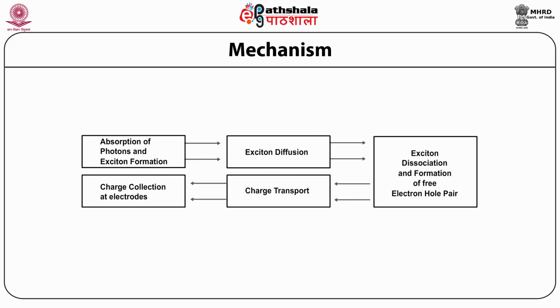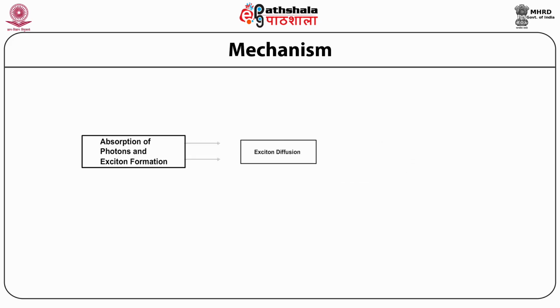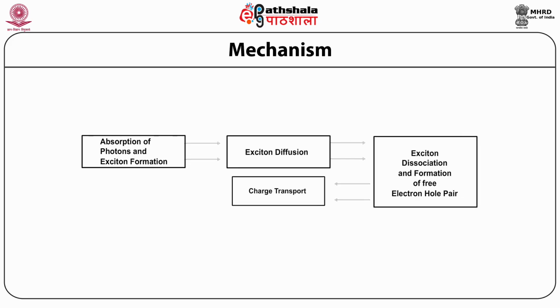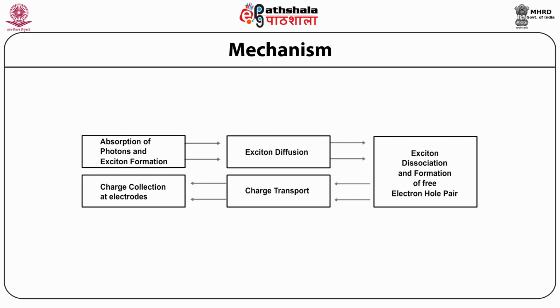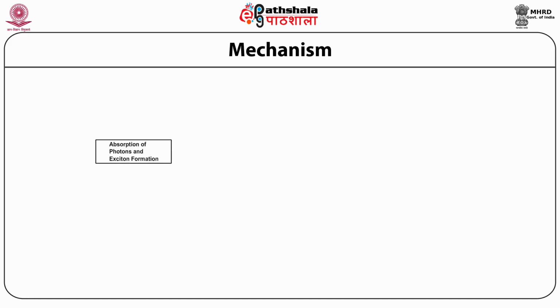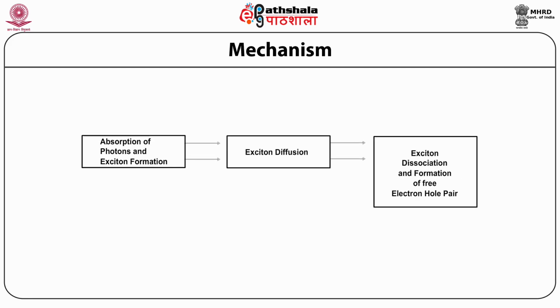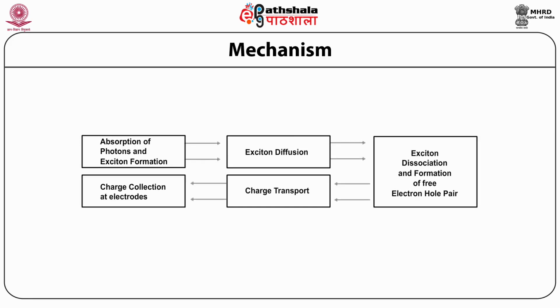The fraction of absorbed photons is a function of absorption spectrum and coefficient of the material, absorbing layer thickness, and the internal multiple reflections at metal electrode or the organic-organic interface.